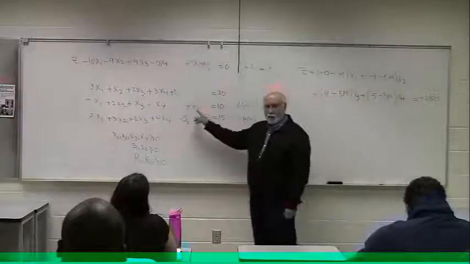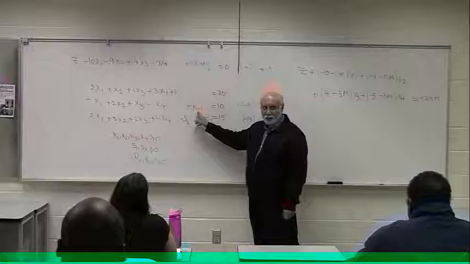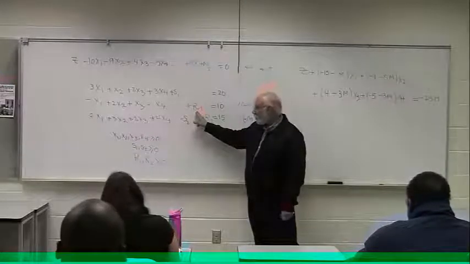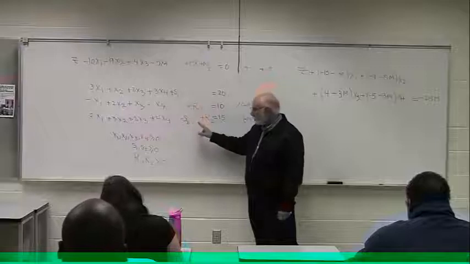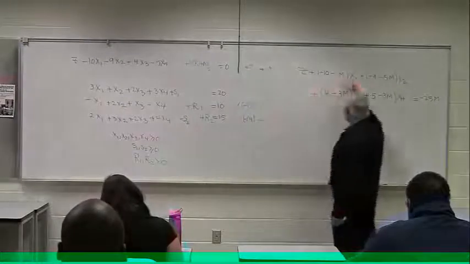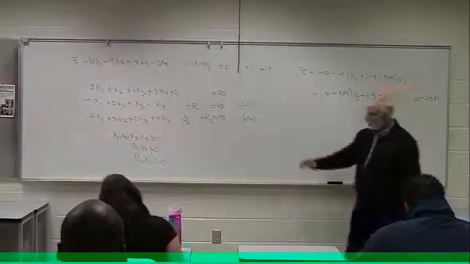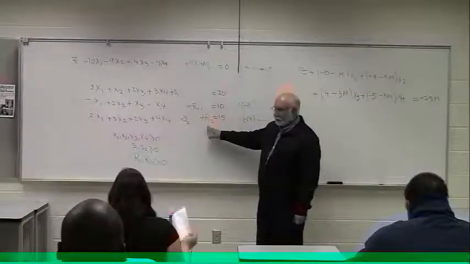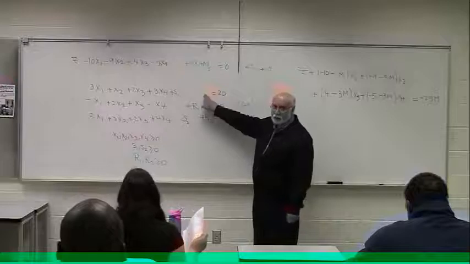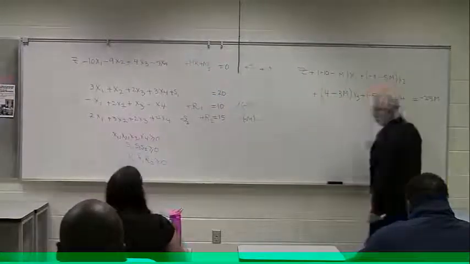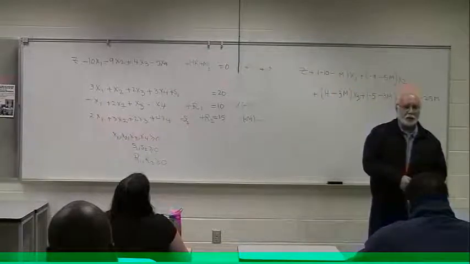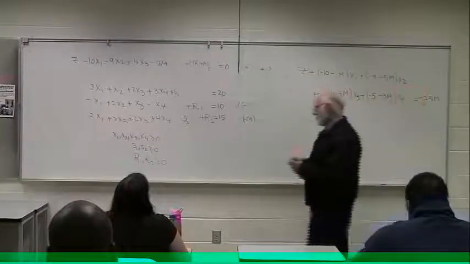There is one R1 here, plus one R1 here, nothing in here, and nothing in here. There is one R2 here, nothing here, and nothing here. So now I can start my tableau.